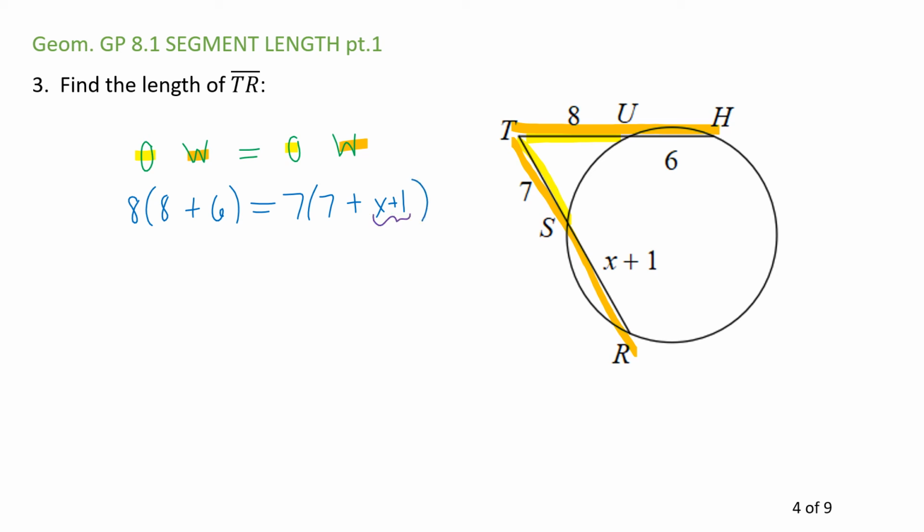That's where you're likely to forget. So what I have over here, 8 plus 6. This is actually 7 plus 1, which is 8. I'm going to distribute here just because I did earlier.